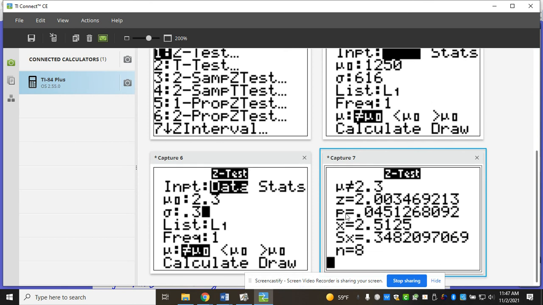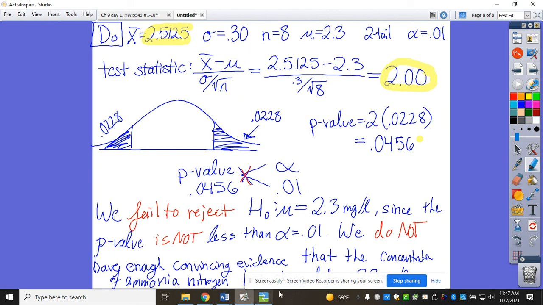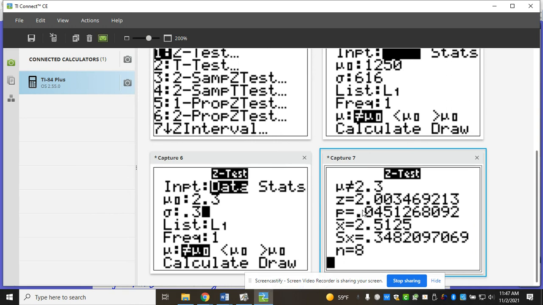P-value. So what did it actually do for me? It went ahead and, so when I chose not equal to, that meant multiply it by 2 for me. So how did you get there? You did Stat test 1. And then that gets you to the right place.